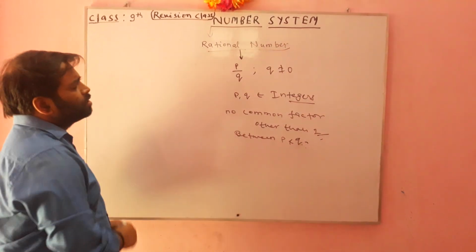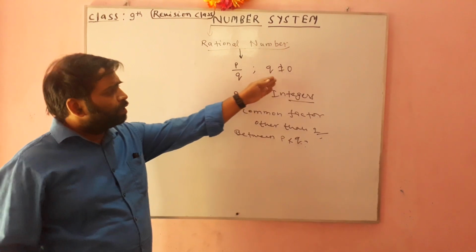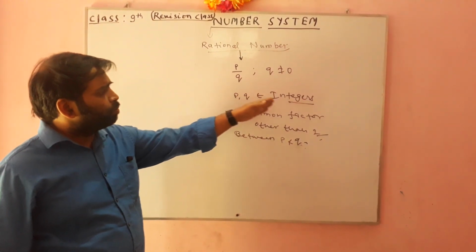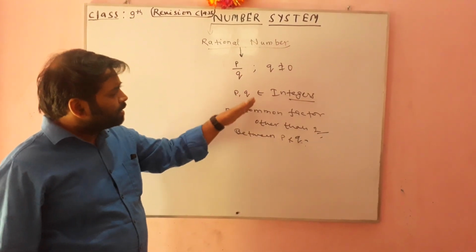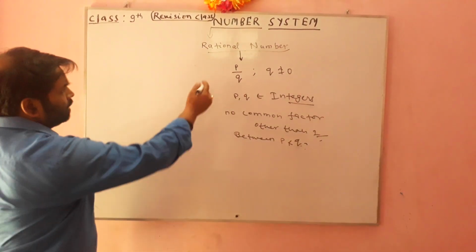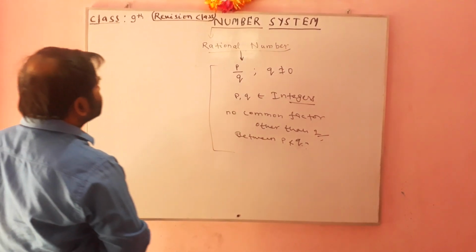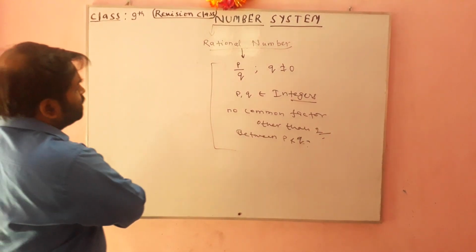So this is the definition of our rational number. Such a number is called a rational number. Now, what is the definition of a rational number in decimal form?